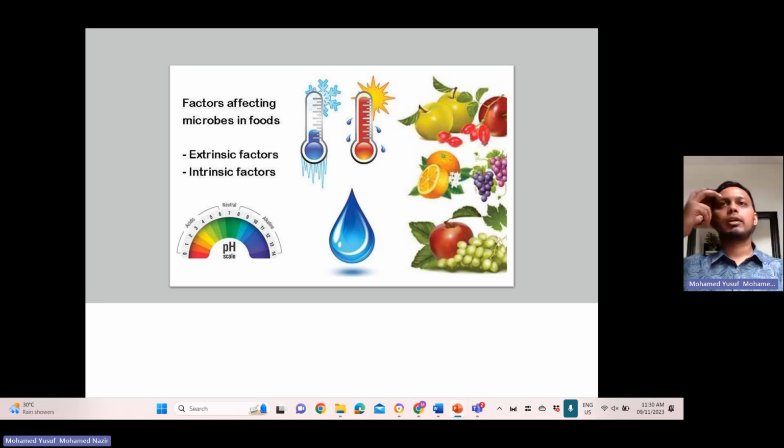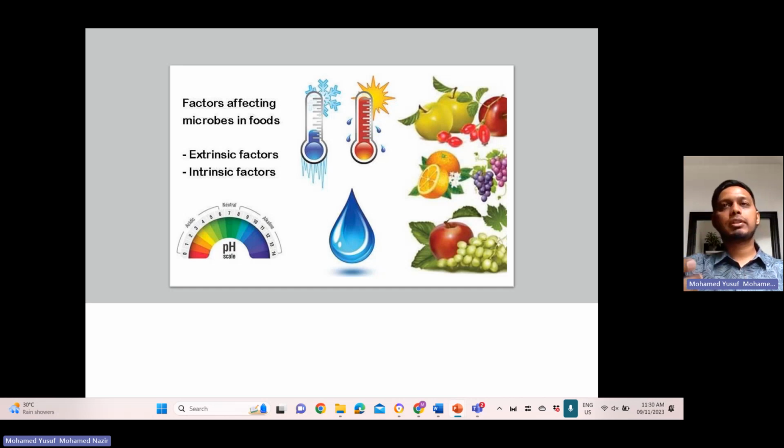These are the characteristics of the food, such as pH. Some foods are sour, some are neutral, some are alkaline. So these are the characteristics that are inherent to the food.